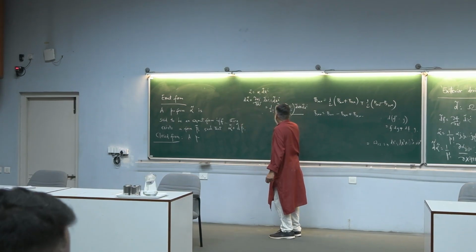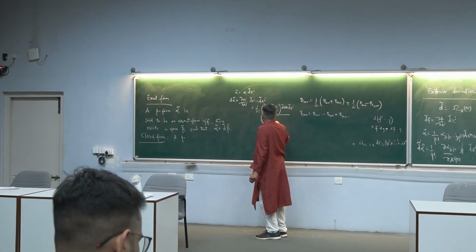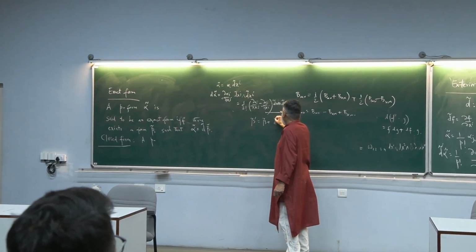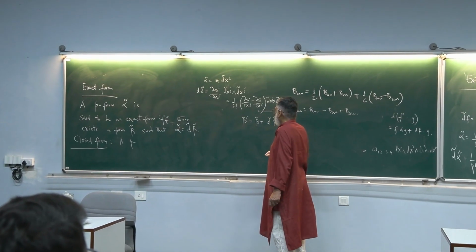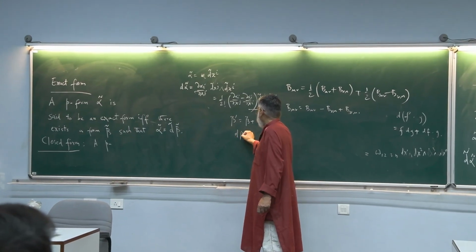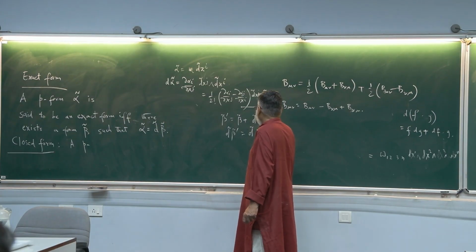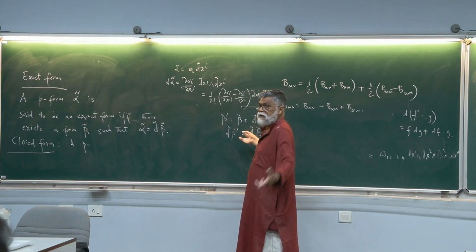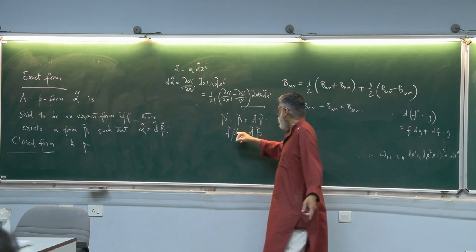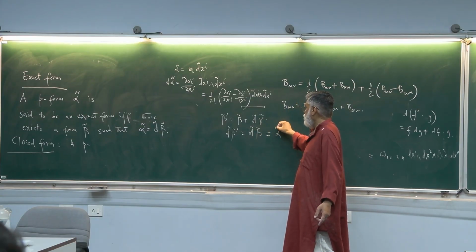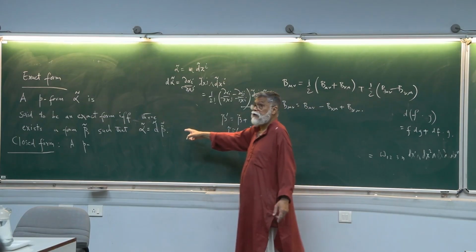I take another form beta prime, which is beta plus d of gamma. Then d of beta prime is d of beta, but d of gamma is 0. So d of beta prime is d beta, and therefore it is same as alpha. So beta is not unique.